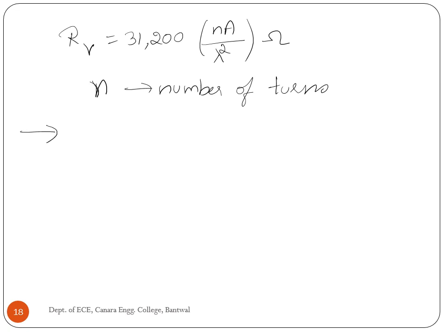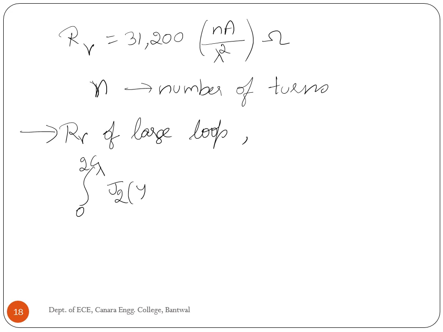Now, to find out the radiation resistance of a large loop, consider the approximation that is integration 0 to 2 C lambda of J2 of y dy is equal to 1, for a large loop, that is C lambda is greater than or equal to 5.